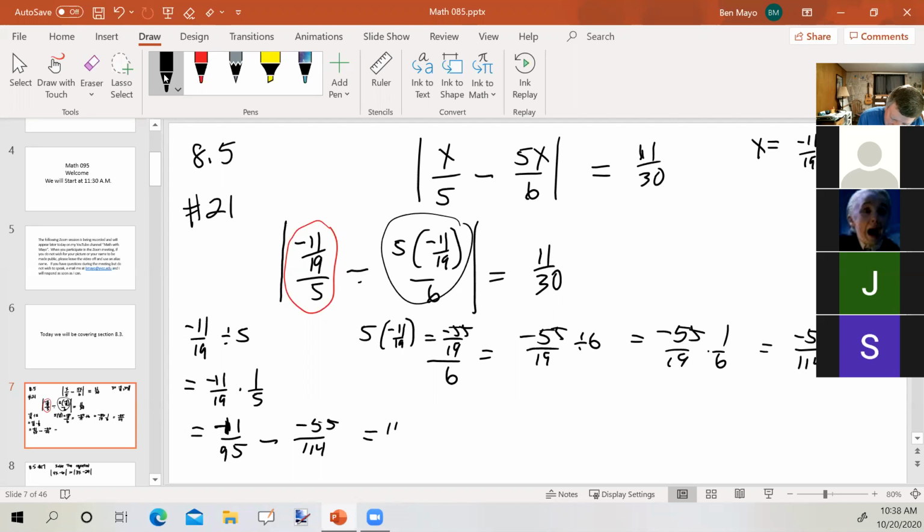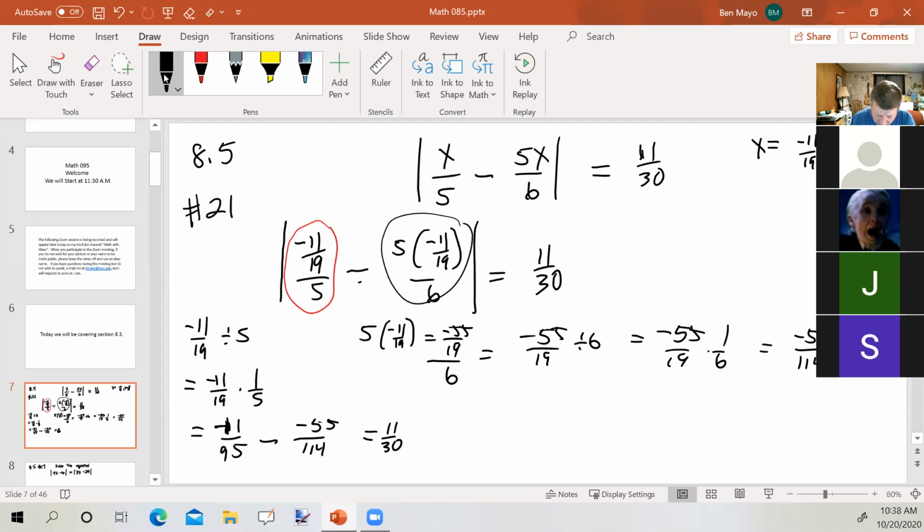Negative 30th. Let's see, what do we got there? So common denominator between 95 and 114, and I'm already suspicious. Did I make a mistake? That's divided by 5, and that's divided by 6. 55/19 divided by 6, 55, 114, that's 60 and 54.